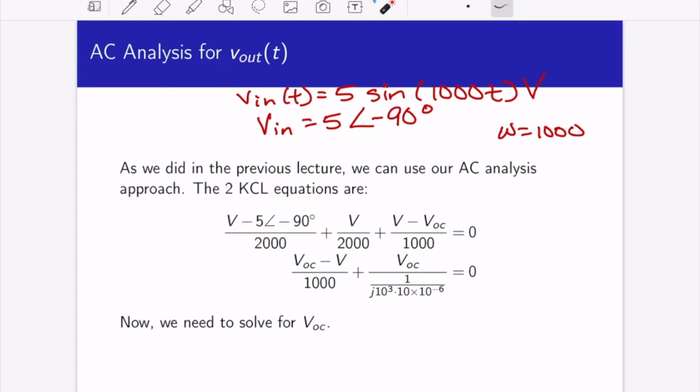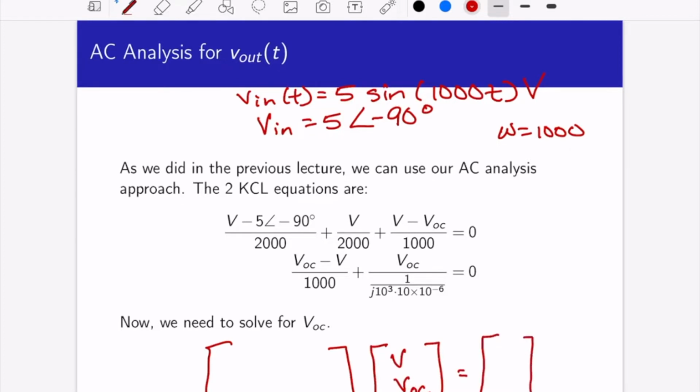Okay, now to solve for VOC, I want you to think back to what we were doing when we were doing circuits with only resistors. Normally what you would do at this point is you'd write a matrix equation, right? So we'll have something, and V and VOC will be equal to something, okay?